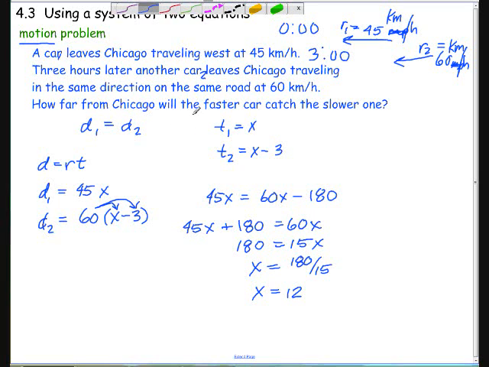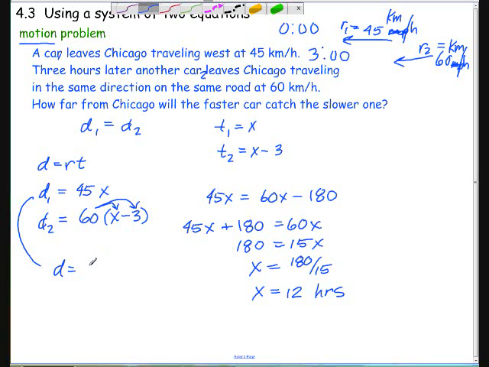How far from Chicago will the faster car catch the slower one? Well, I'm showing that my time is 12 hours. Is that true? Talking kilometers and hours. So the distance, let's use this equation here.